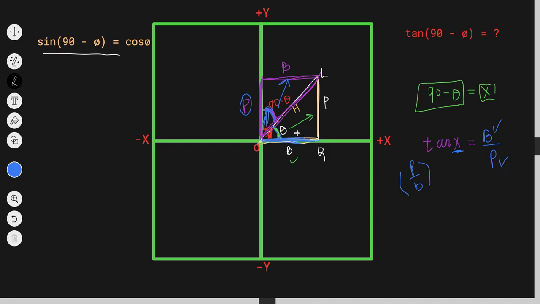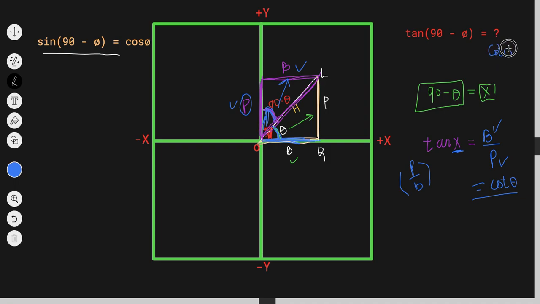For theta, p was the perpendicular and b was the base. But for 90 minus theta, we have b as the perpendicular and p as the base. Now when we write b by p, what does it mean? It means cot of theta, correct? b by p is cot of theta. So we get cot of theta here. Great. So tan 90 minus theta will be cot theta.